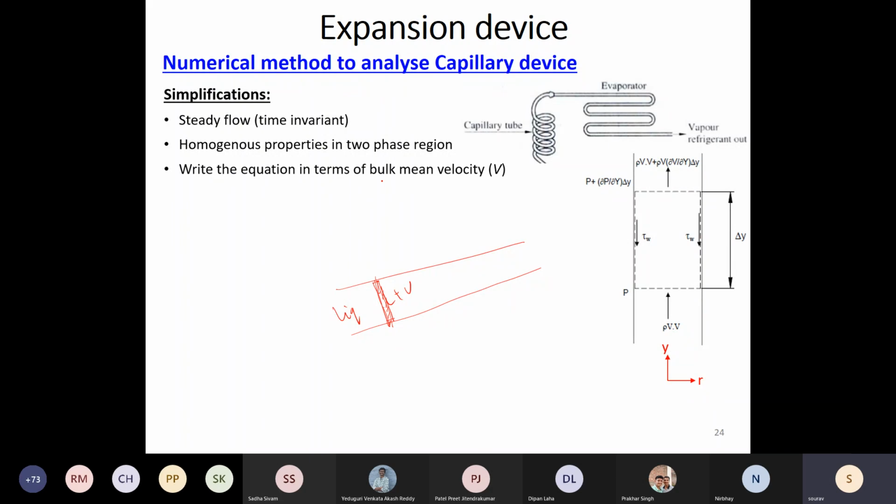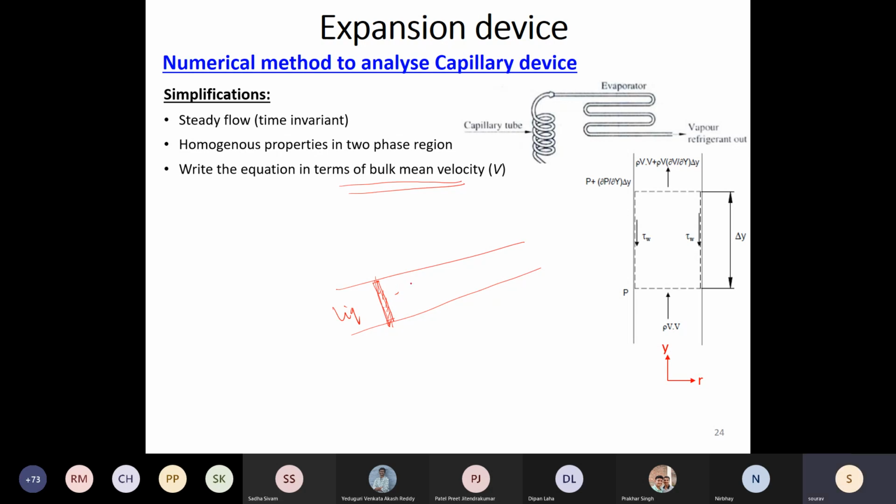So all the equations would be written in terms of the bulk mean velocity. Again, you will have this parabolic nature of the fluid velocity as you move past the entrance region. I will not bring in these complexities, because then I will have to do a 2D or 3D simulation.